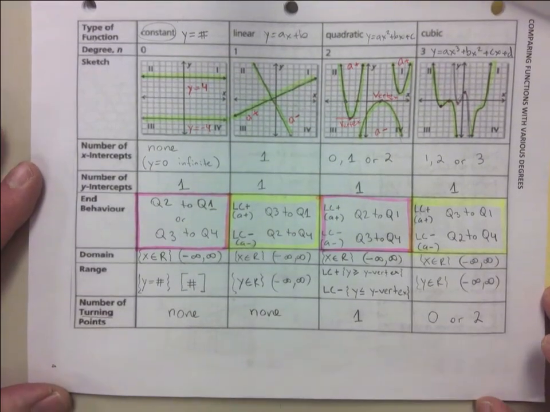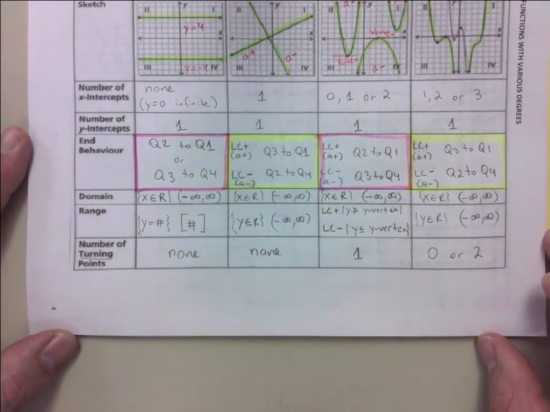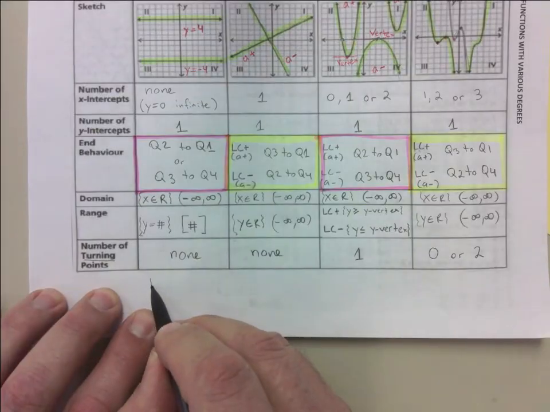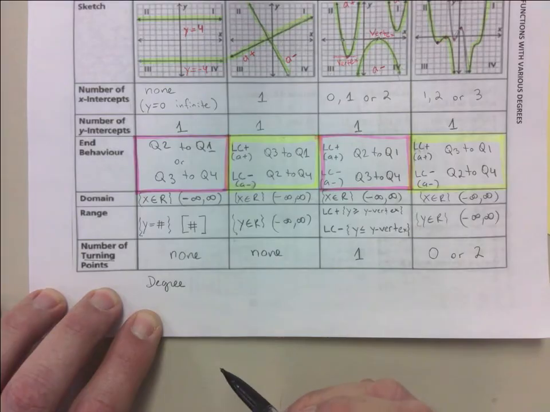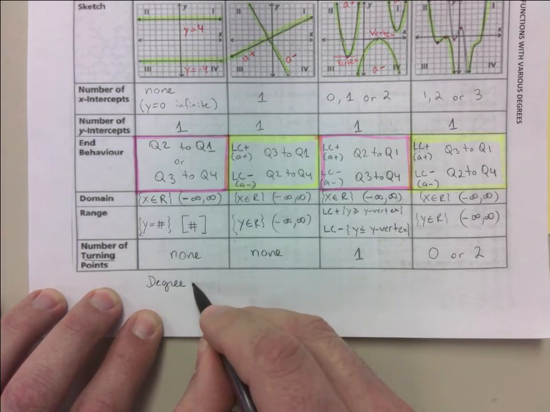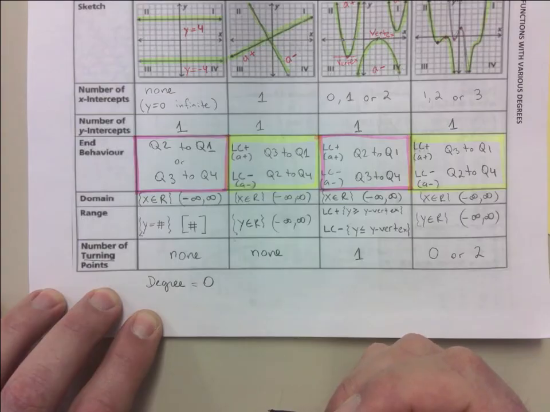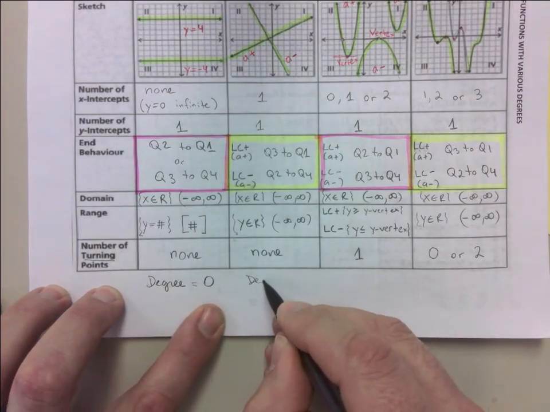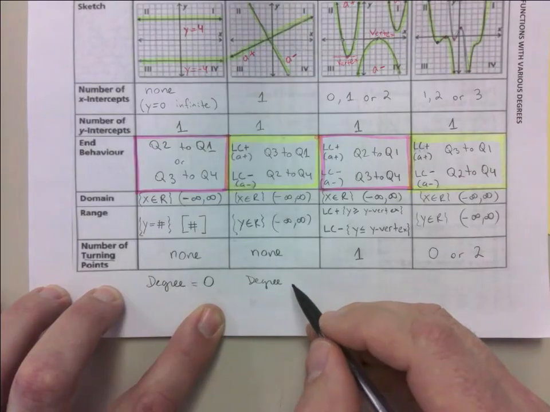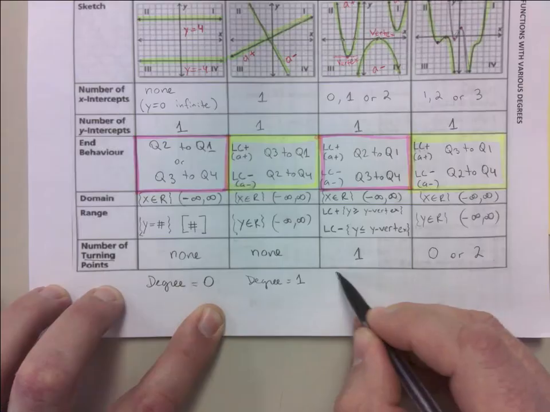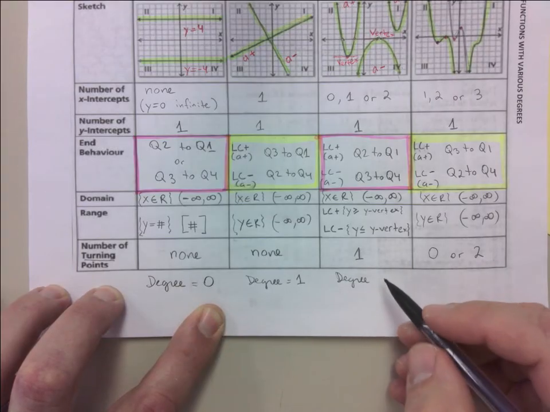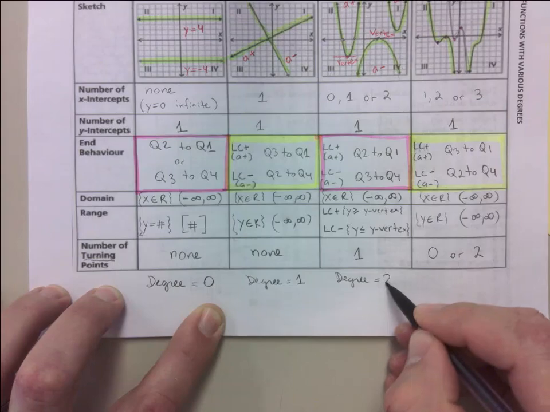Let's go at the very bottom of this graph. What's the degree of this function? The degree of a constant? It is 0. The degree of a linear is 1. The degree of a quadratic is 2.